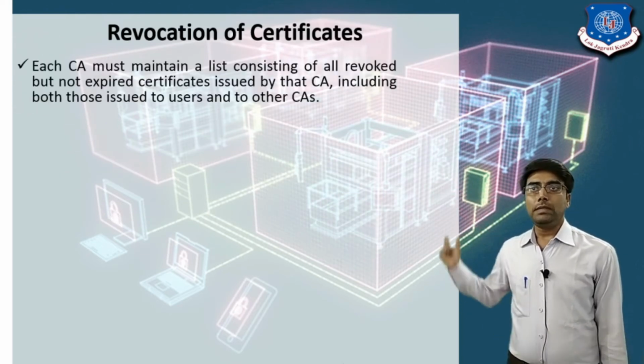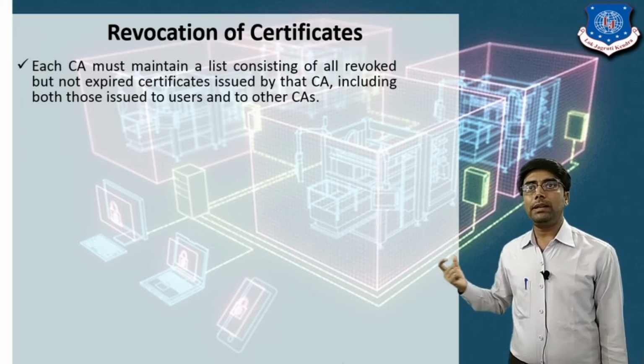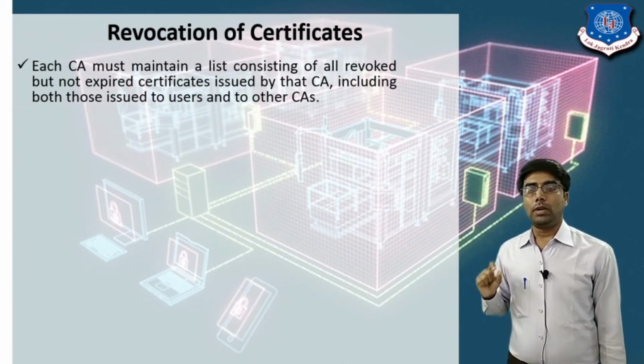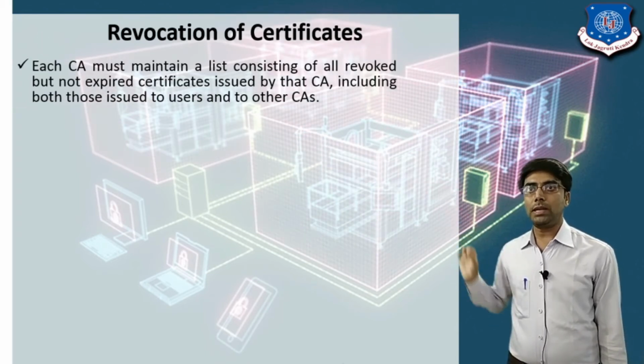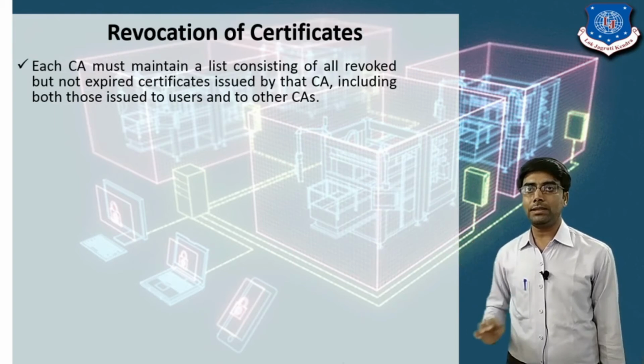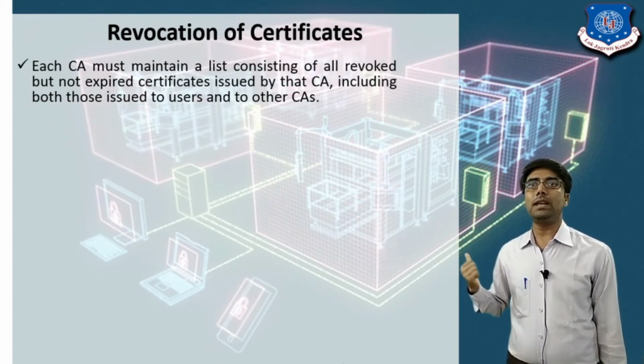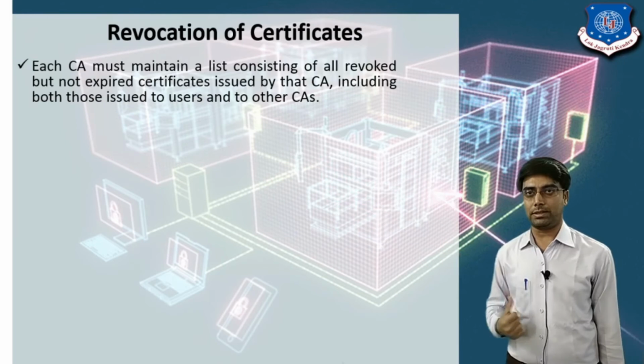Now each certificate authority must maintain a list consisting of all the revoked certificates. This list is called the CRL, meaning certificate revocation list.